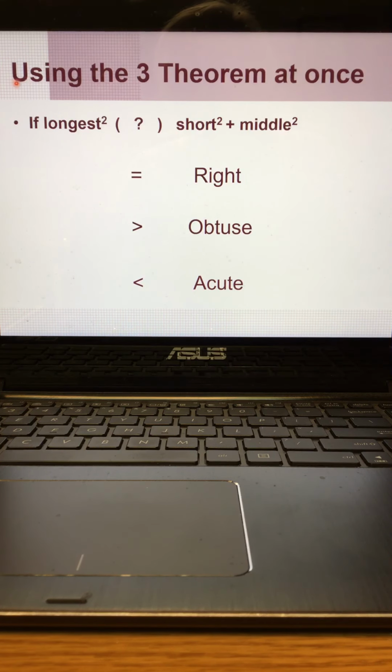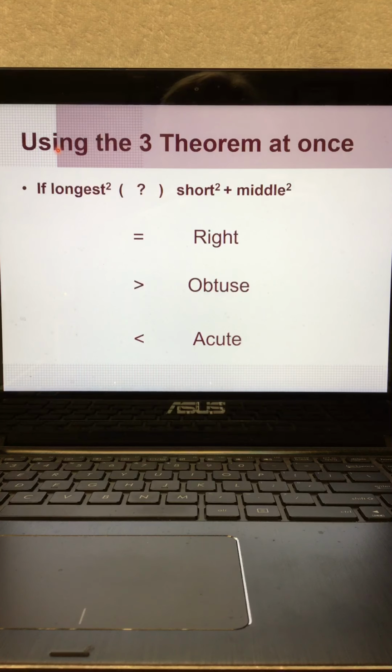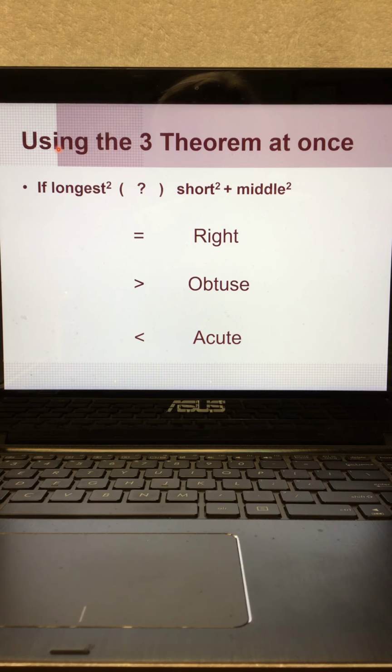So basically, we can think about how to use these three theorems at once. They all start out with the same hypothesis, and I wrote that on your paper. If the longest side squared, compare it to the square of the other two sides. So what is important is what I would put in place of this question mark.